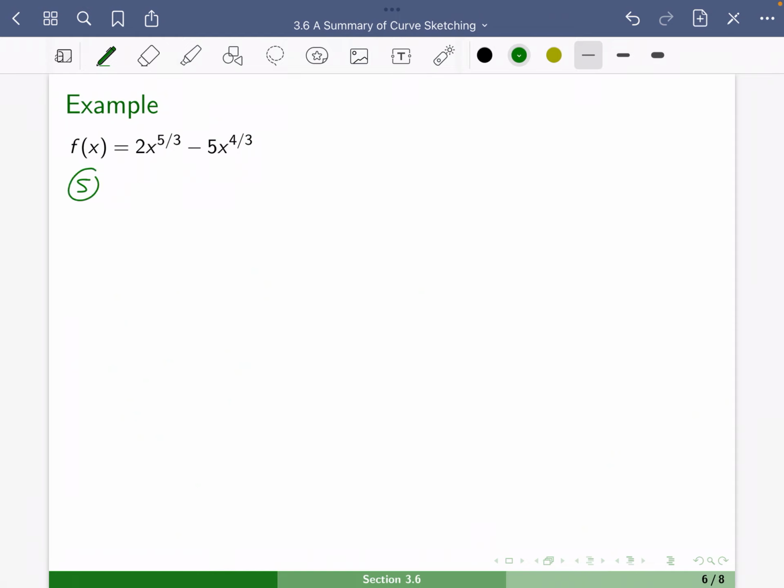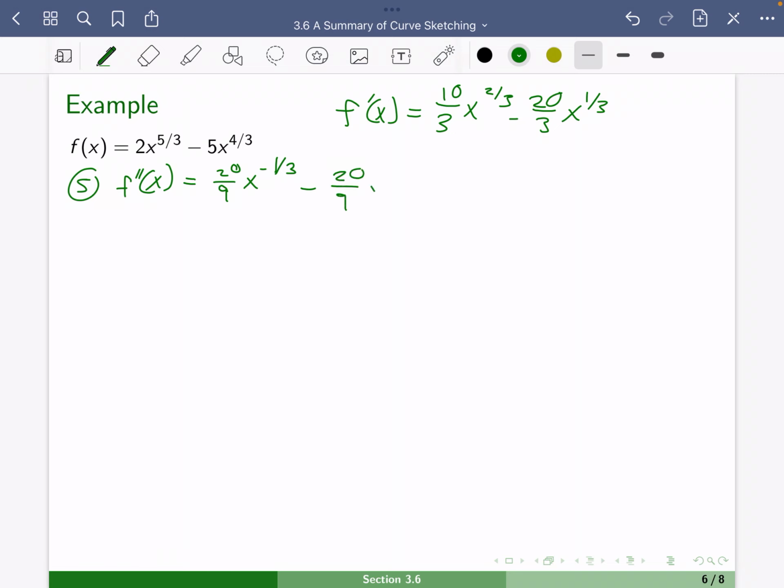To find our inflection points, recall our first derivative was 10/3 x to the 2/3 minus 20/3 x to the 1/3. So our second derivative is 20/9 x to the negative 1/3 minus 20/9 x to the negative 2/3.